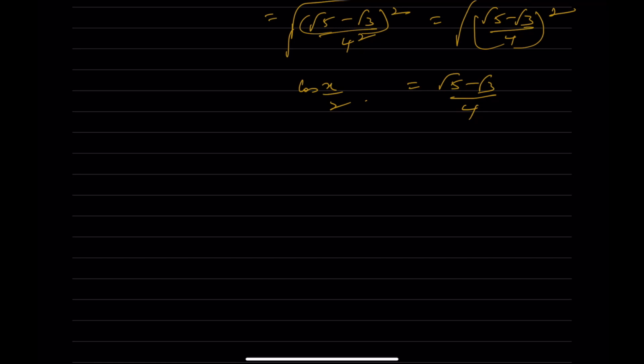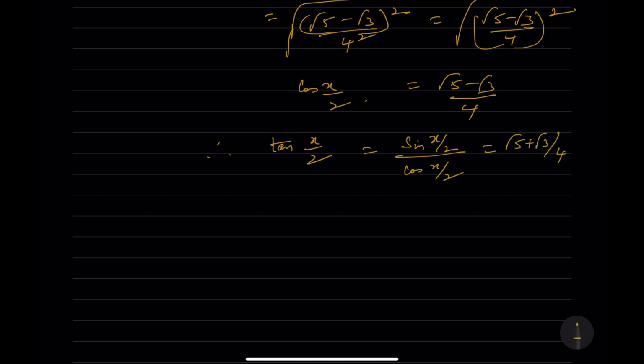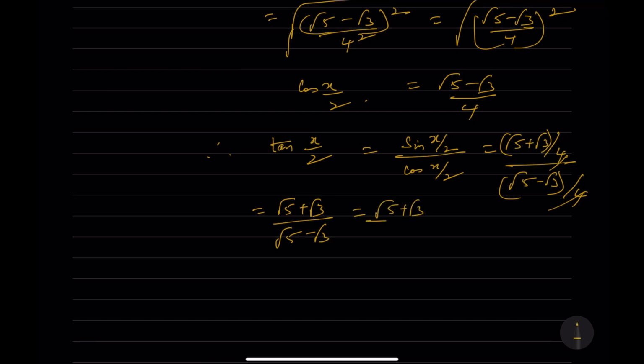Next, tan x by 2, we can write it as sin x by 2 by cos x by 2, which is equal to root 5 plus root 3 by 4 divided by root 5 minus root 3 by 4. So 4 will get cancelled. So you are getting it is equal to root 5 plus root 3 by root 5 minus root 3, and rationalizing this, you get it as root 5 plus root 3 divided by root 5 plus root 3.